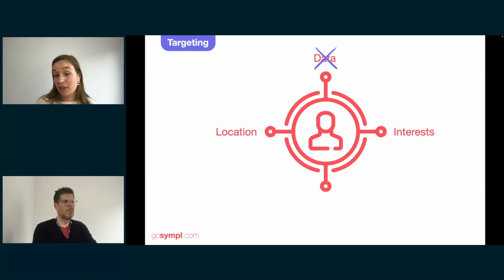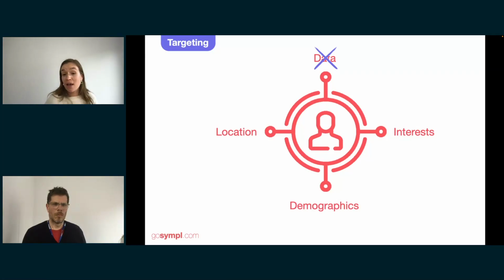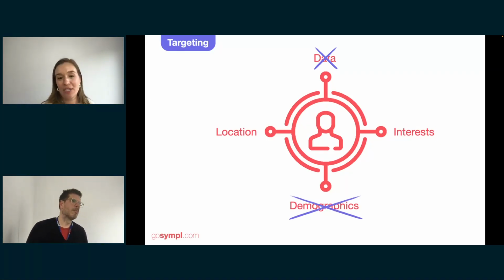But it's not available anymore for the Meta platform, so Facebook and Instagram. You can only use it for TikTok. And then demographics, it's also unfortunately not available anymore on Facebook and Instagram. So you need to be creative in your advertisement, in your copy, in your visuals, all those things.